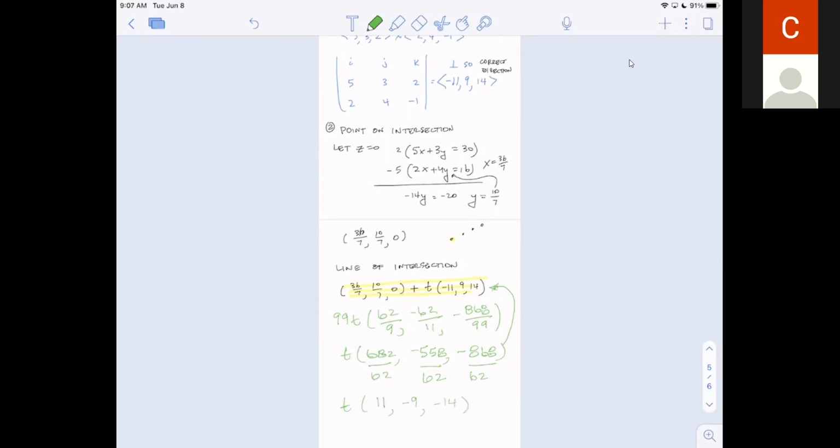So did it work? Did it not work? Well, notice your scalar multiplier is not limited to a positive number. Notice every single sign is wrong, which means if I multiply them by negative 1, sure enough, those actually are the same exact line. They have different starting points because there's infinitely many starting points on this line of intersection that I could choose from, but the vector direction is exactly the same.